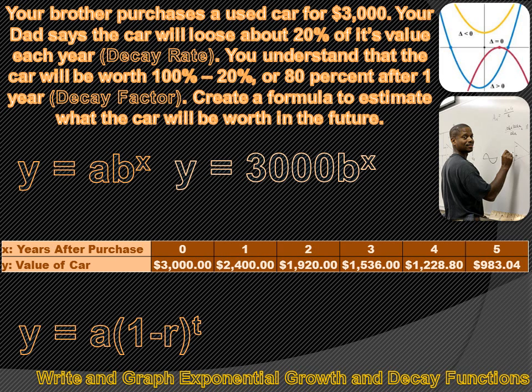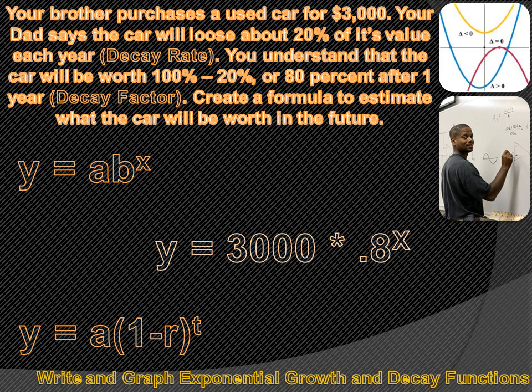Now I've got to figure out what b is. B is 1 minus the decay rate. Every time I increase x by 1, I multiply the previous value of y by 0.8. So 0.8 is my b value, and I can write this equation, y equals 3,000 times 0.8 to the x.